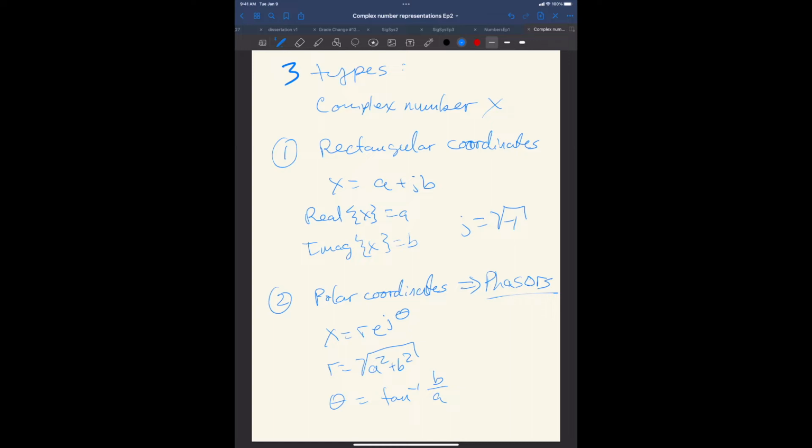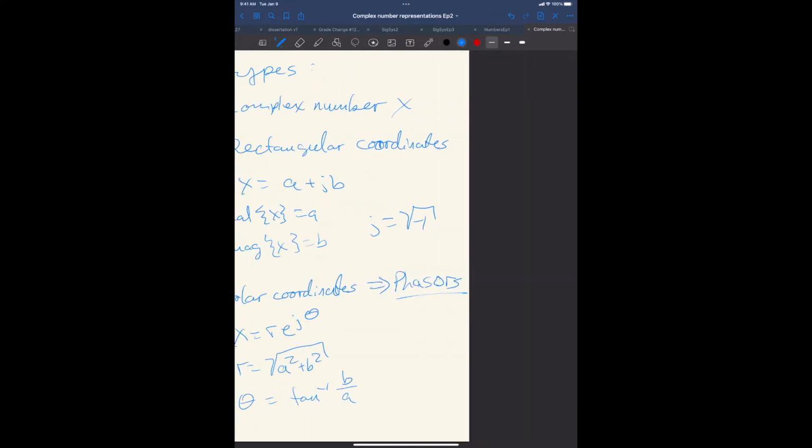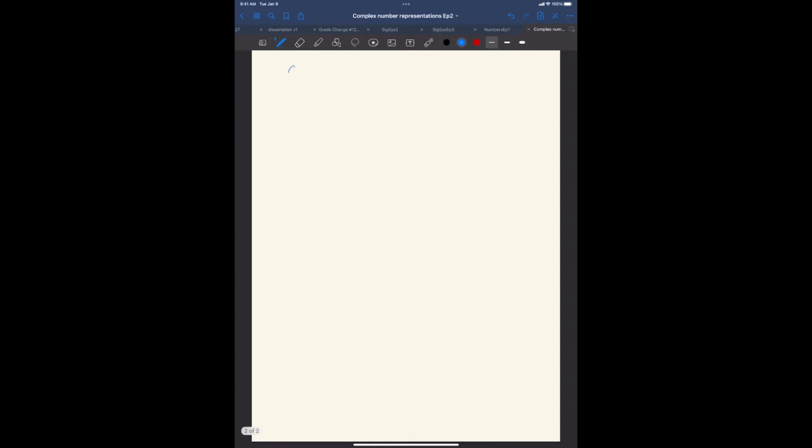These two are useful typically for adding or multiplying numbers in a computational sense.